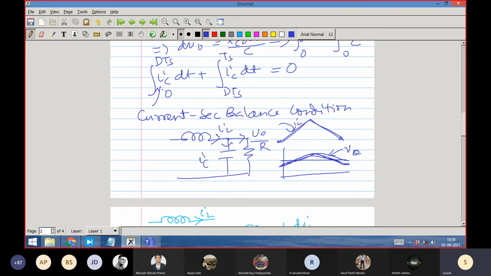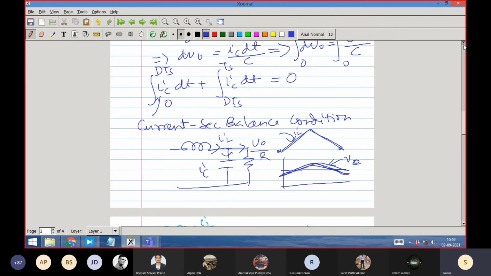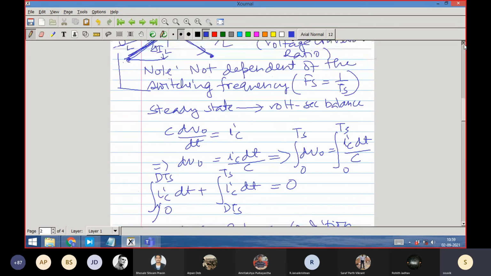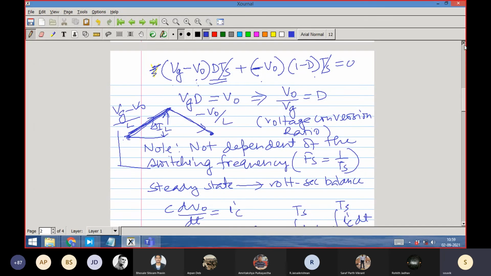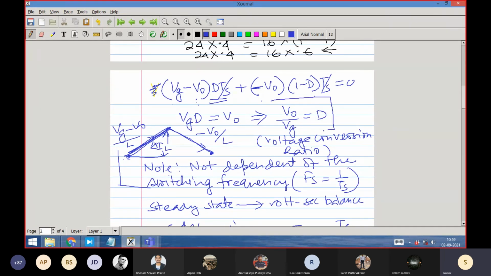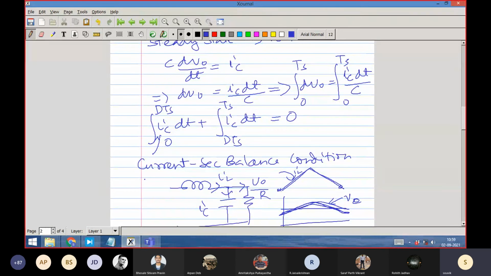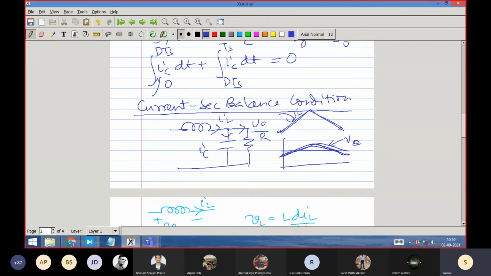It is derived from the inductor volt-second balance, which relates the input and output voltage and gives you the conversion ratio. So by applying inductor volt-second balance, we will get the conversion ratio. Though I must understand that current-second balance also holds good, and we will apply it later, without explicitly finding the inductor current waveform I cannot find the capacitor current waveform.